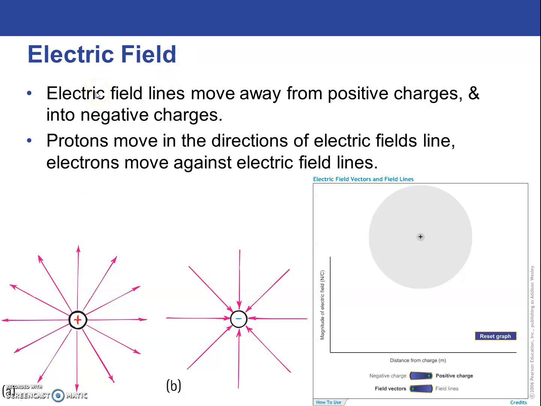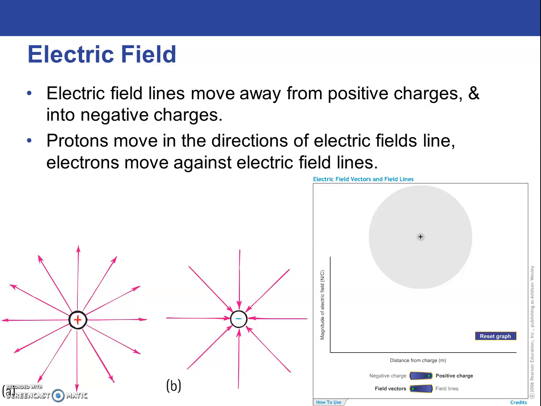Now, with gravity, as we said before, there's one type of mass, positive mass, and so gravitational field lines always point towards that source mass. Electric field lines, however, have two sources. There's a positive and a negative. So I think about it like this: positive mass, there's only positive mass, always follows the direction of the gravitational field lines.